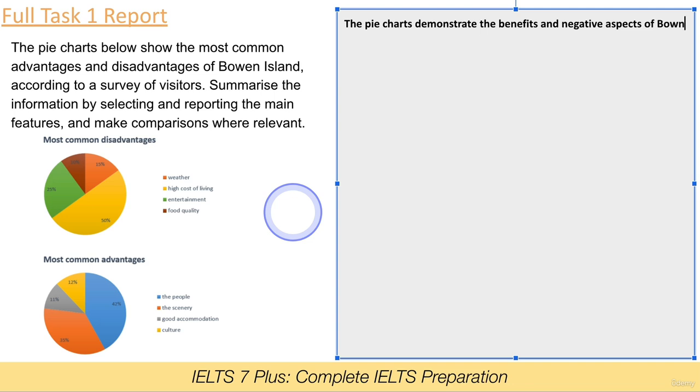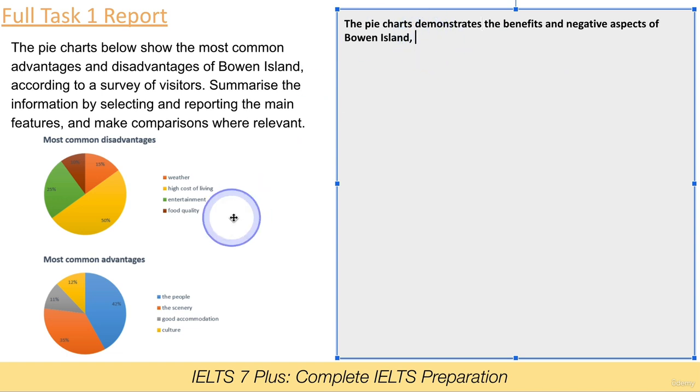We can't paraphrase Bowen Island, so we'll keep that there. The pie chart demonstrates the benefits and negative aspects of Bowen Island, according to a survey of visitors.